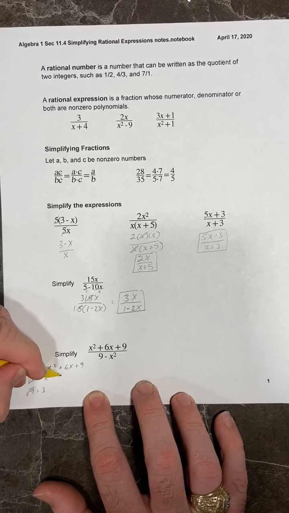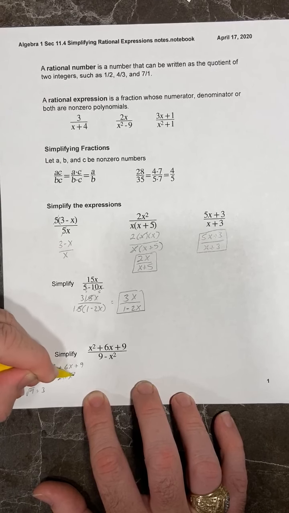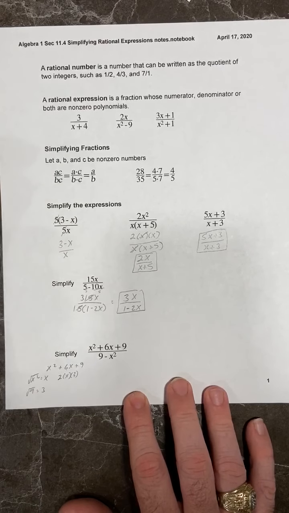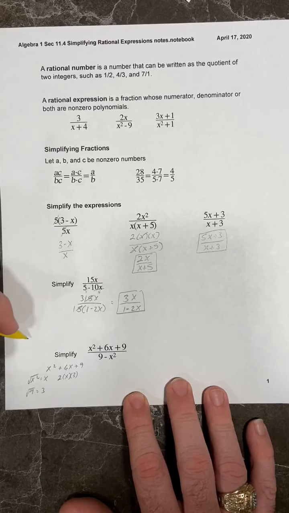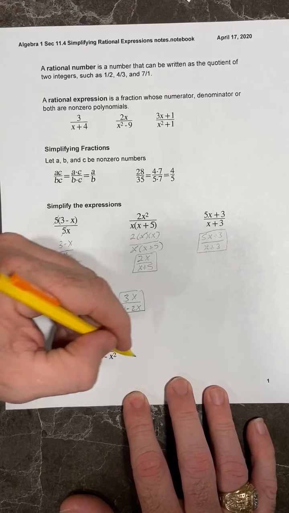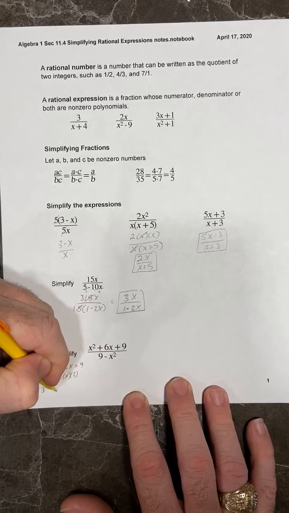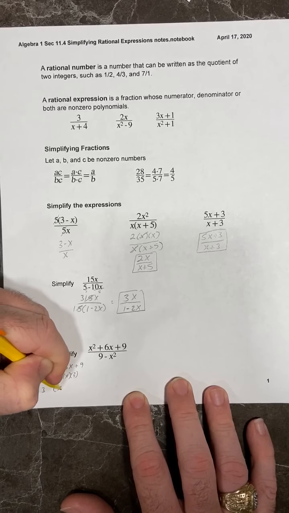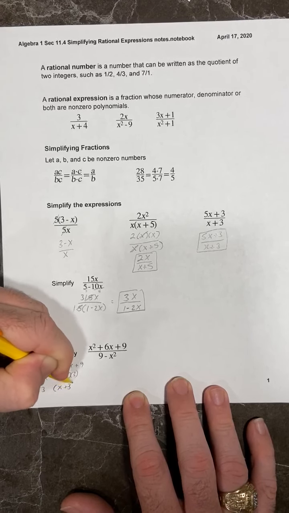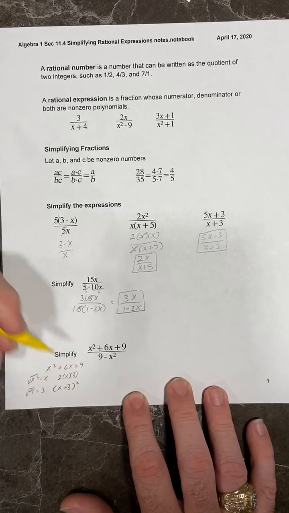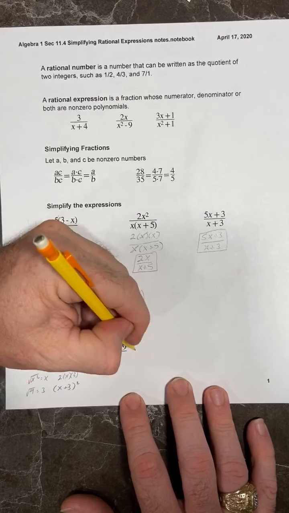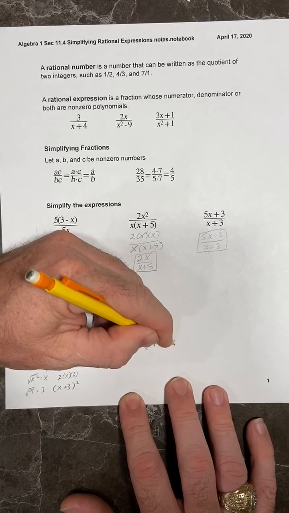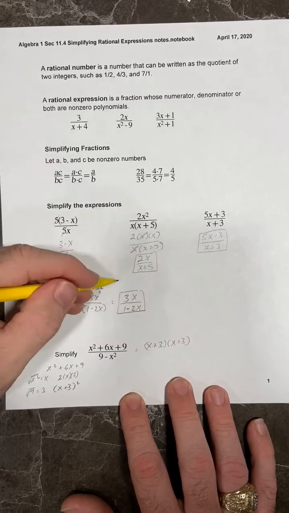And 6x is the same thing as 2 times x times 3. So that fits our perfect square trinomial. That means it can factor as x plus 3 squared, or the same thing as x plus 3 times x plus 3.